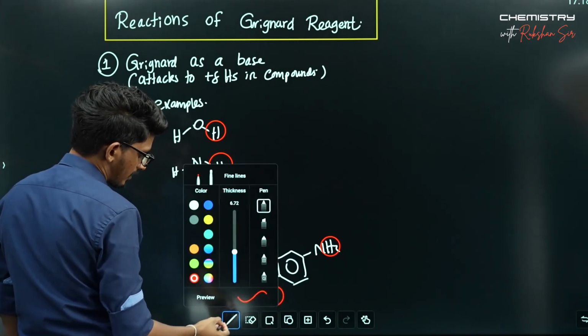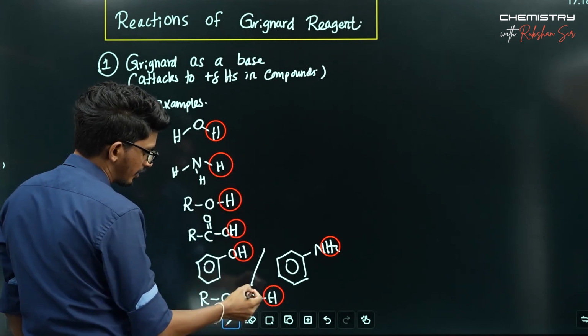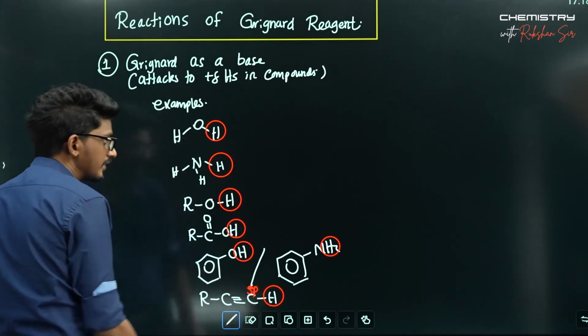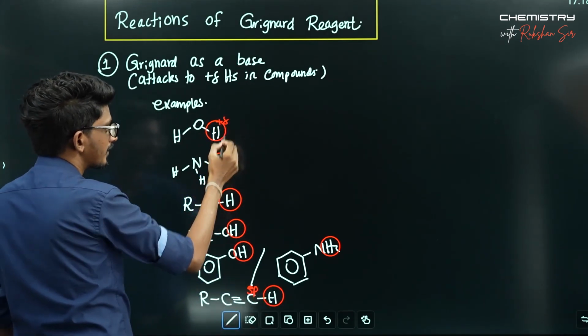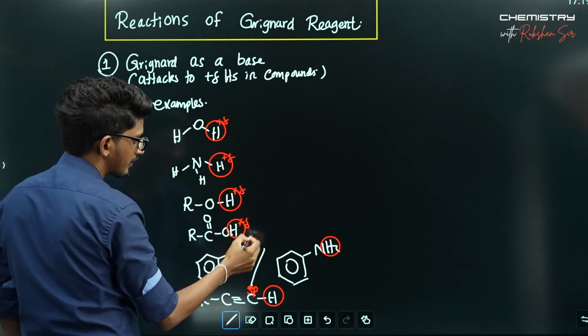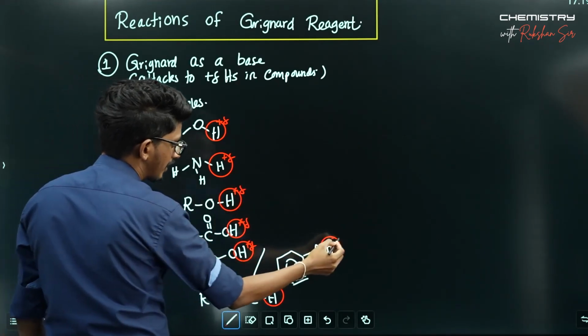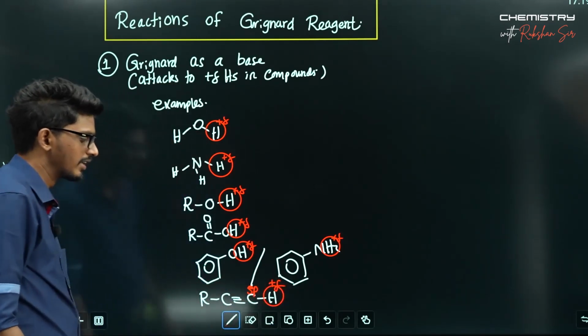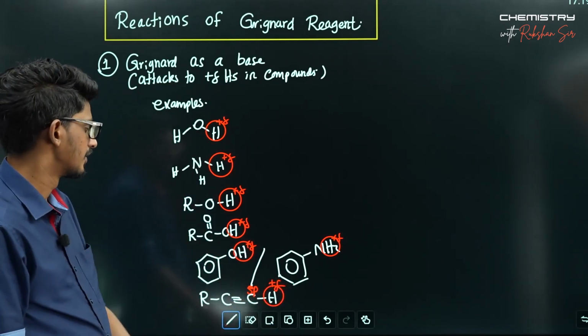As these are connected to highly electronegative atoms, these are positive pole hydrogens, highly positive pole, delta positive hydrogens. So if you add some Grignard reagent, definitely that Grignard reagent will attack these hydrogens.